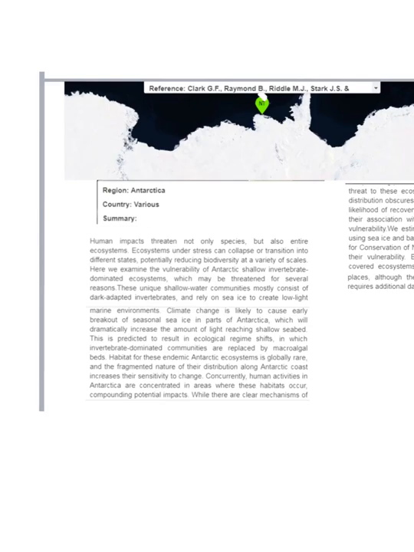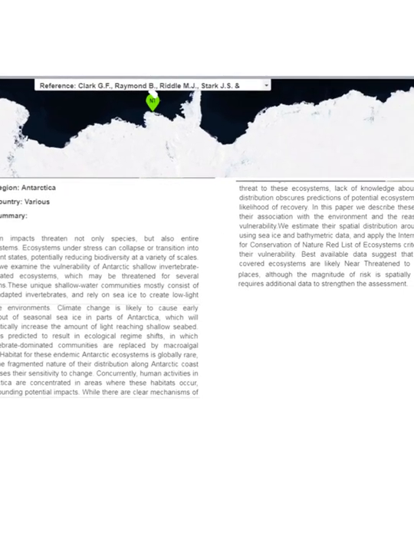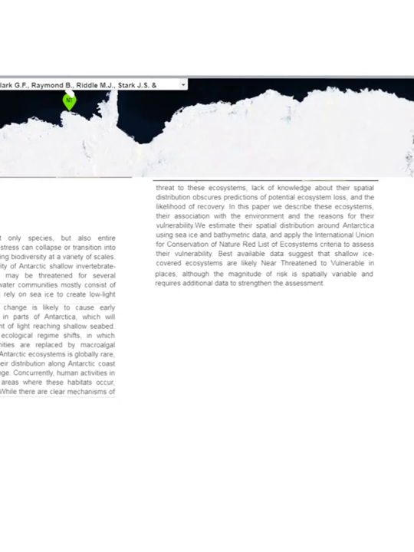The study looked at how human impacts threaten not only species but the entire ecosystem, which could collapse under stress and reduce the biodiversity. And this was due to basically global warming causing the ice to melt, which would result in a macroalgal bloom, which would then change the kind of ecosystem off the coast of Antarctica, and this could affect all different species.